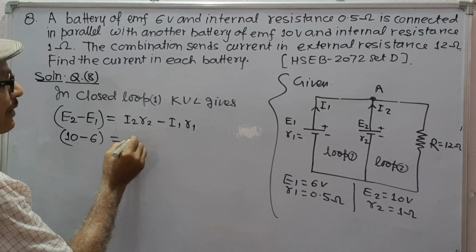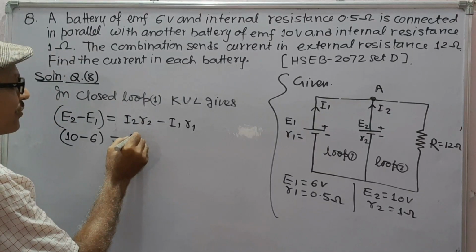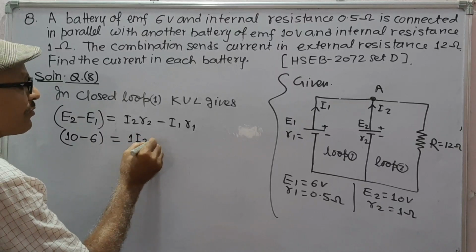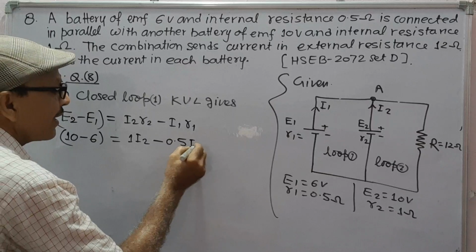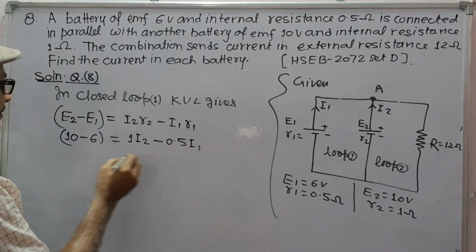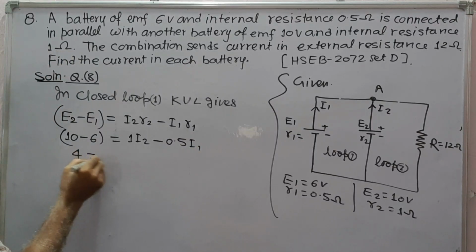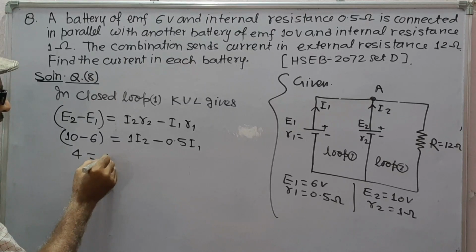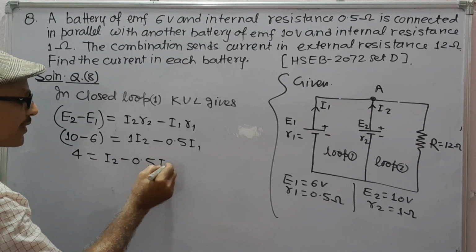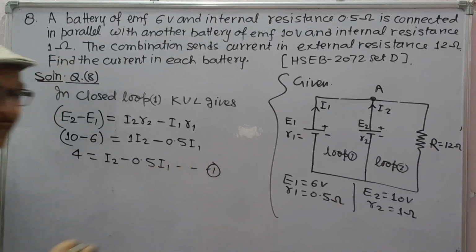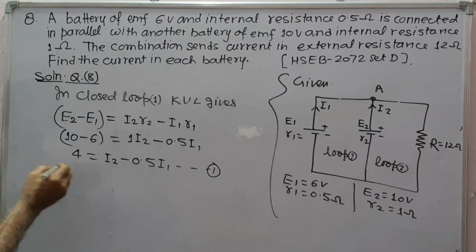R2 is 1 into I2, R1 is 0.5 into I1. So 4 is equal to I2 minus 0.5 I1, equation number 1.